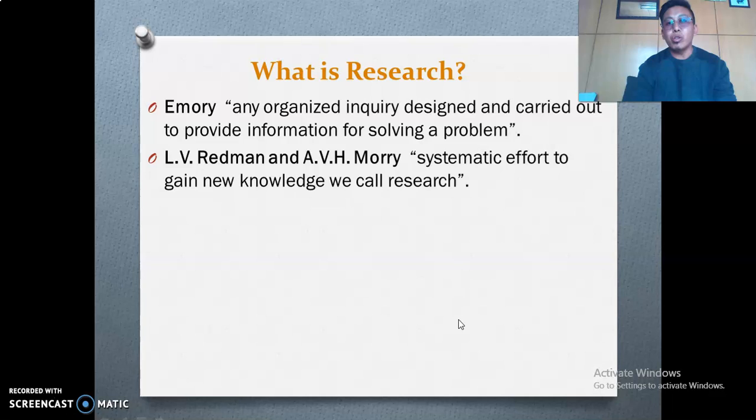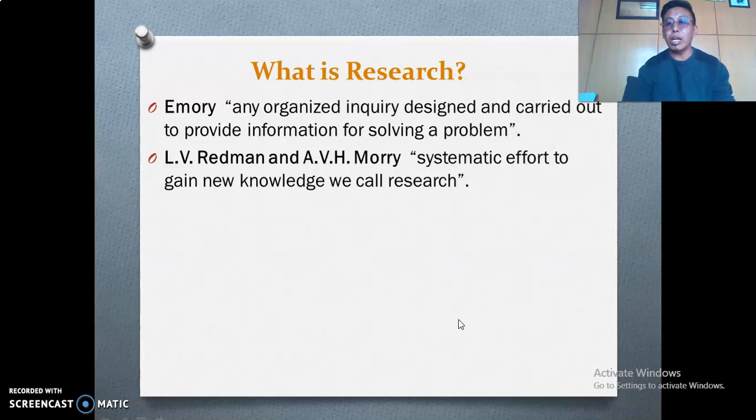In research, we have a certain problem in our societies, and we study it more deeply and try to come up with new knowledge, new information, new data, and with that we come up with some policy making or solution. So that is what research is all about.